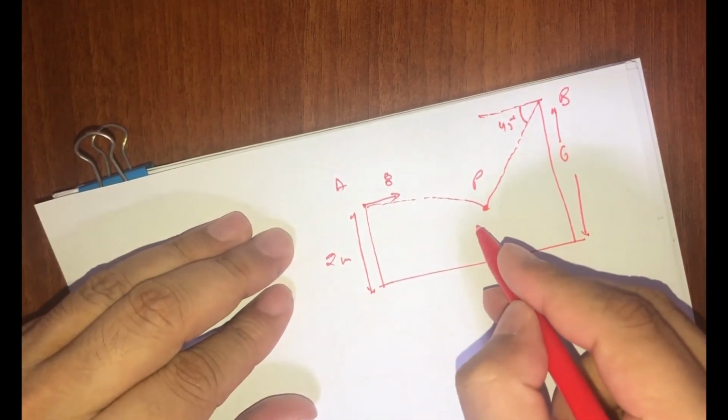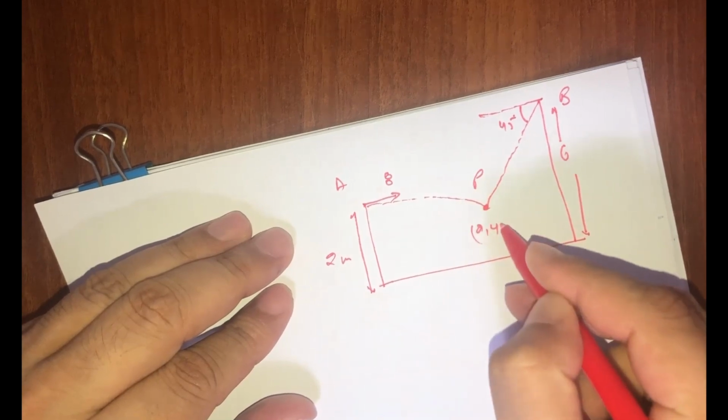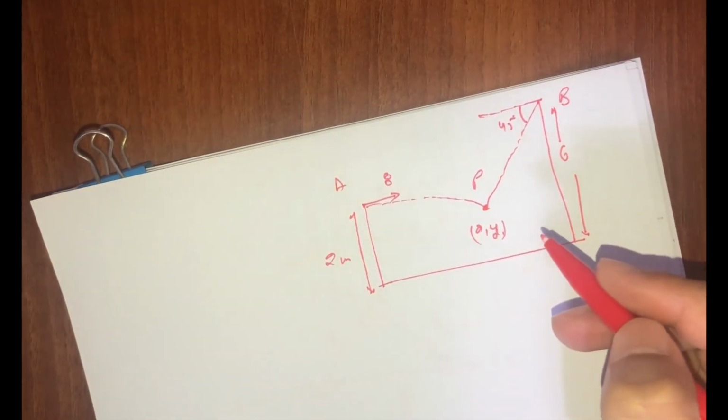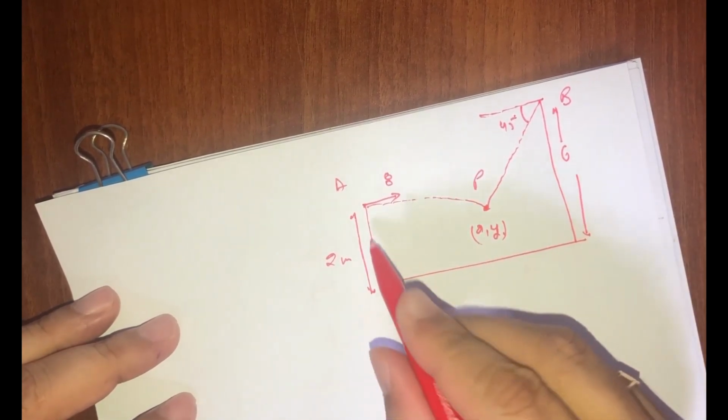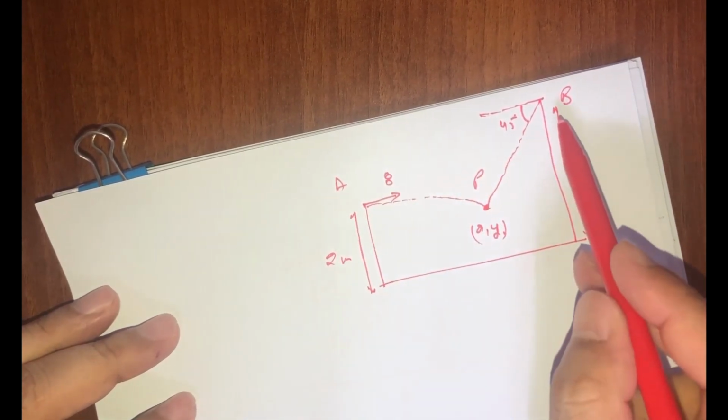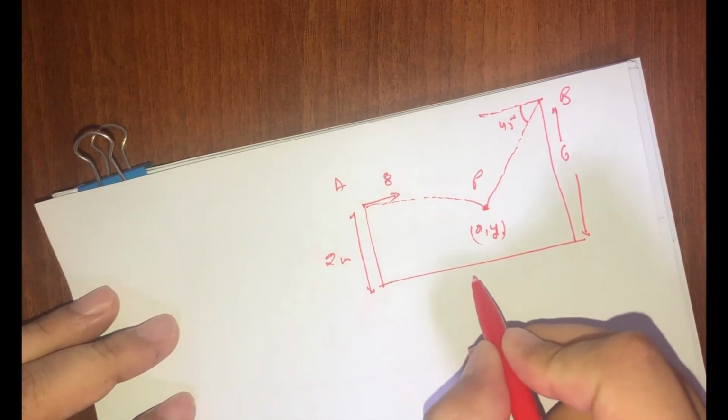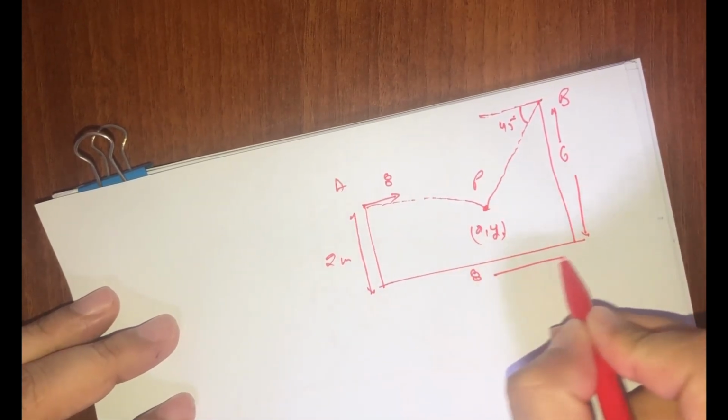Let us call the coordinates of this point P as x, y, and the distance between object A and object B is given as 8 meters. So this is 8.